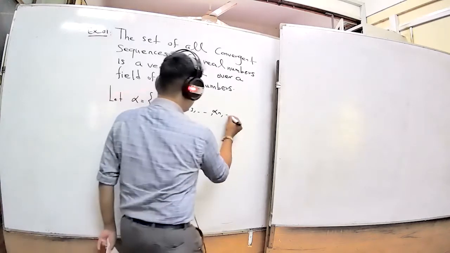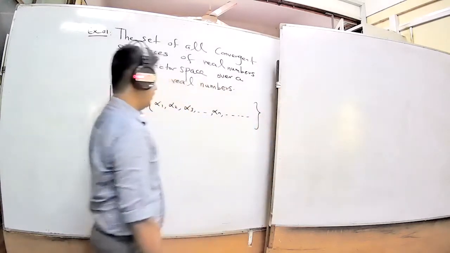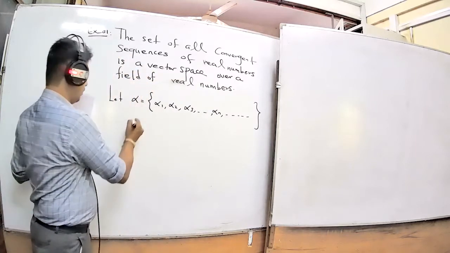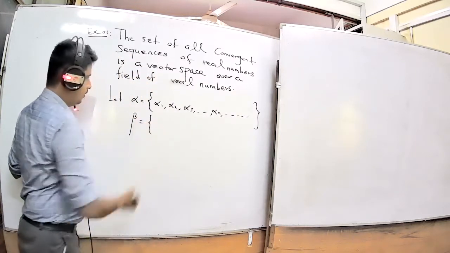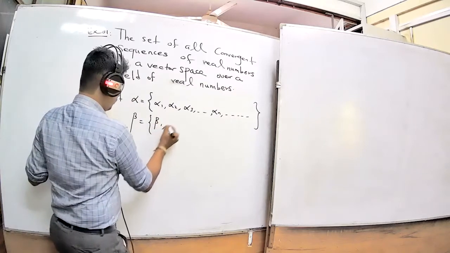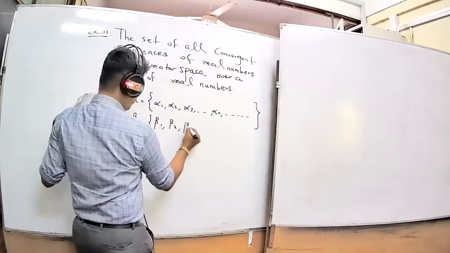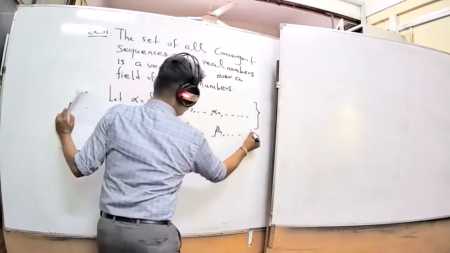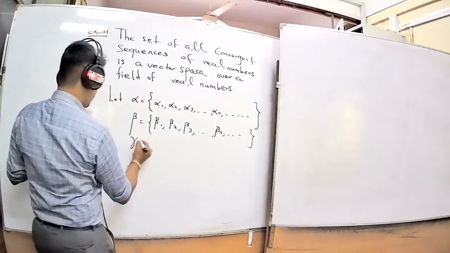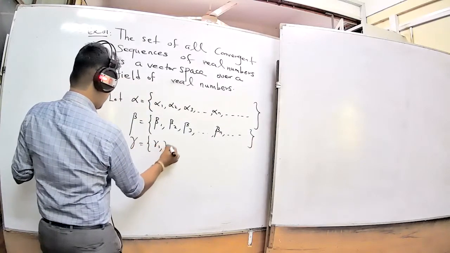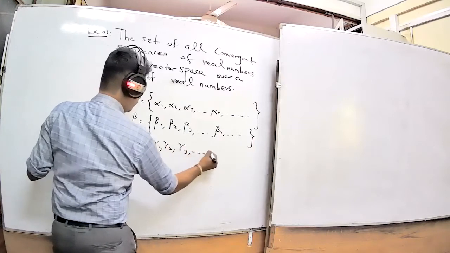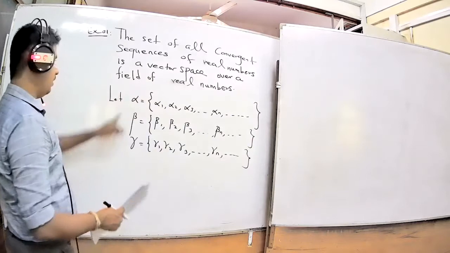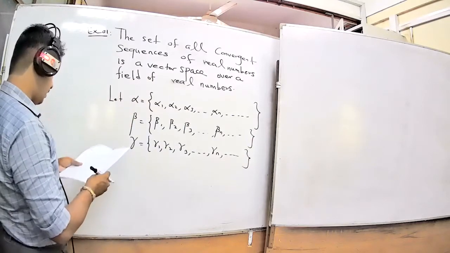Another sequence is beta: beta 1, beta 2, beta 3, and so on, beta n. Next is gamma: gamma 1, gamma 2, gamma 3, and so on, gamma n. These three are sequences.